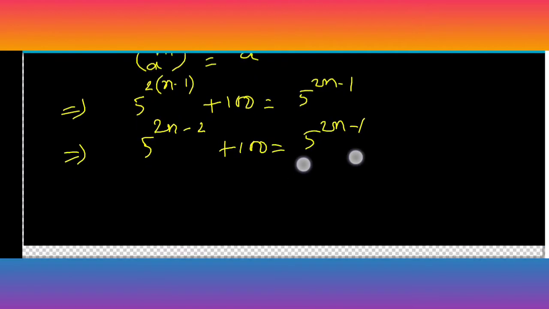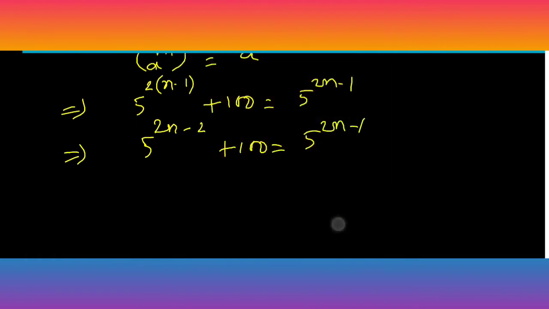Now another identity is there, that is a to the power of m upon a to the power of n becomes a to the power of m minus n.